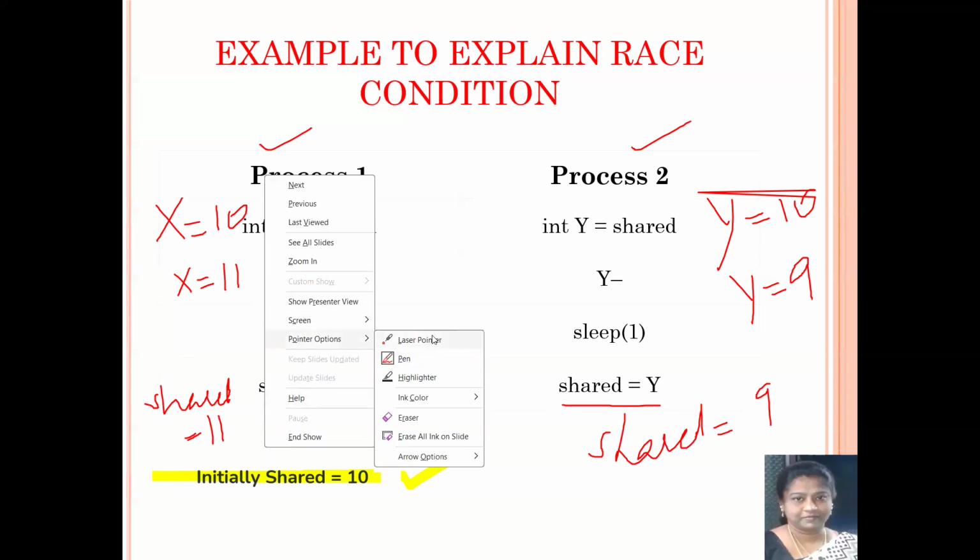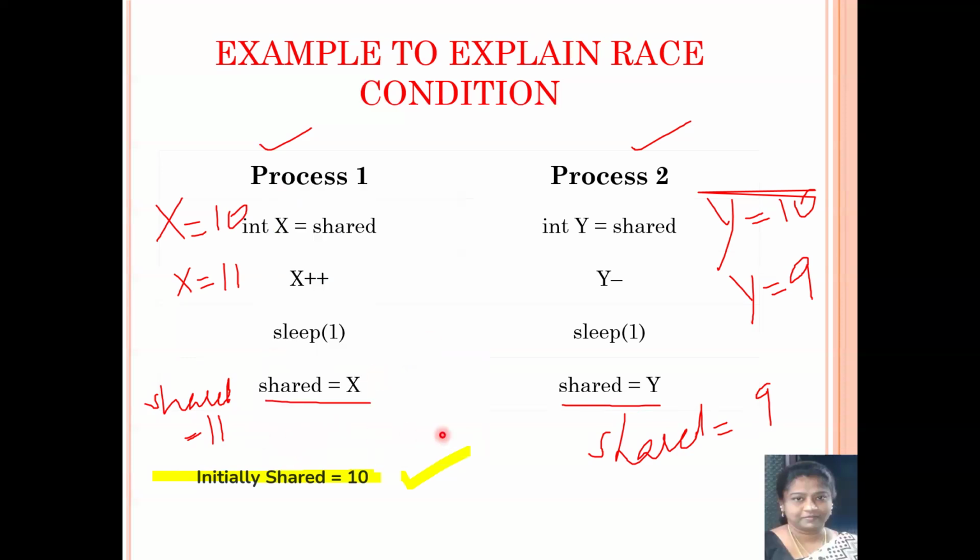A contradiction between these two values. With respect to P1, shared is 11. With respect to P2, shared is 9. So this is where conflict occurs when both processes are executing at the same time, and one process's execution is affecting or is affected by another process's execution.